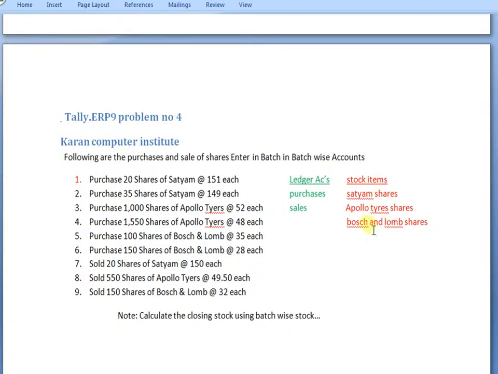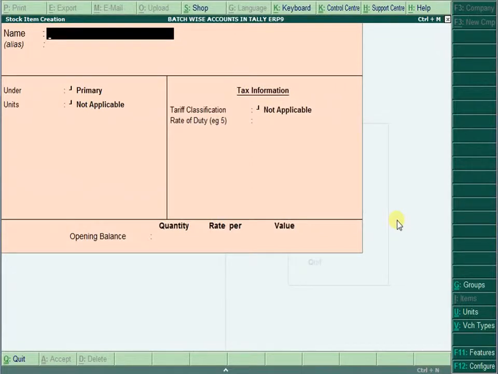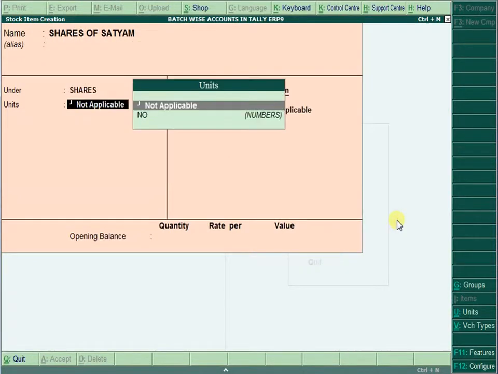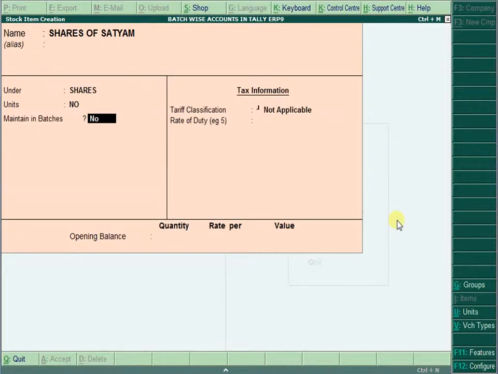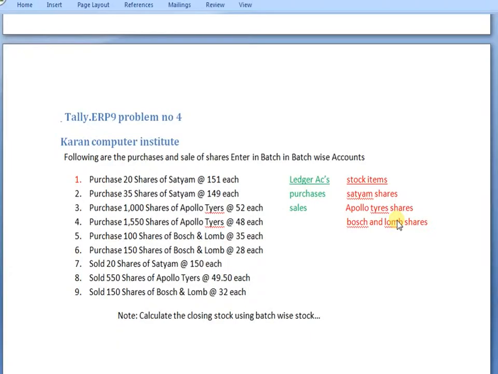We should make stock here, the shares. Here we are purchasing shares of Satyam each at the rate of 151 the first time, and the second time again we are purchasing the same product, Satyam shares, each at 141. The product is the same but the rate is different.